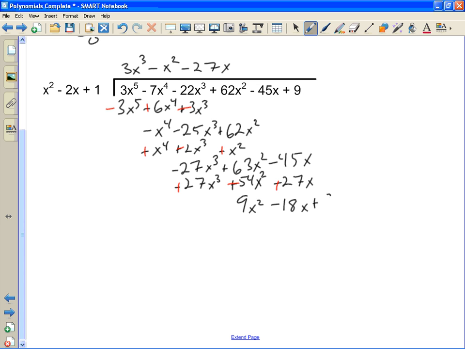And then bring the plus 9 down from up top. Now to match this, I'm just going to multiply by a positive 9. And I get the exact same thing that I have. So when I subtract these away, I get no remainder. So what this would allow me to do is rewrite this big, long polynomial as the product of these two.